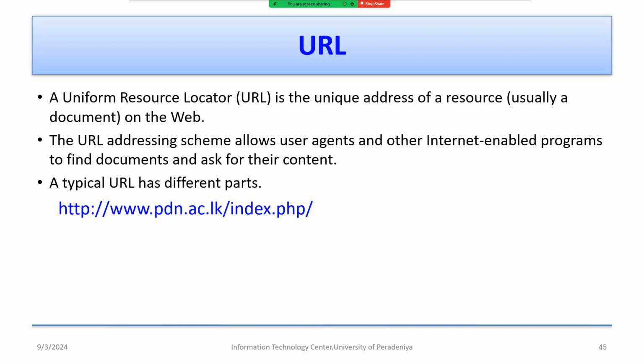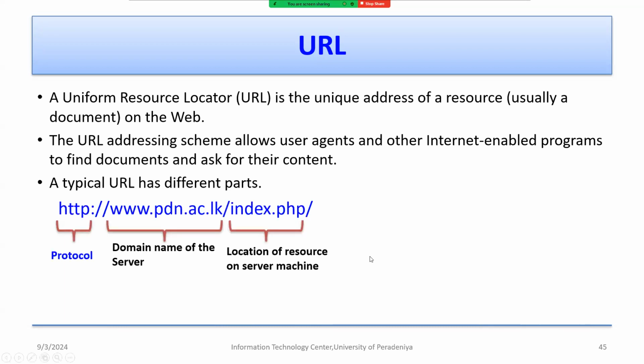This is a typical URL. Here we have a protocol, which means how to access this resource. Here we use the HTTP protocol, and here we have a host name, the domain name of the server, and here we have the resource locator or the location of the resource.